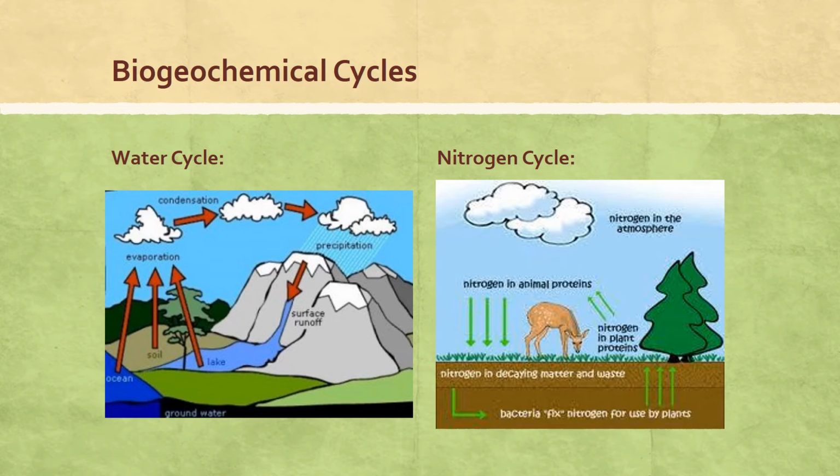Then those producers make proteins with nitrogen, and the producers are consumed again by animals, and then they poop and they die, and it all starts the cycle again. Also, nitrogen is let off into the air by the plants too.